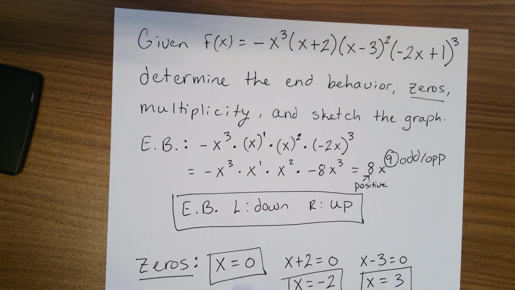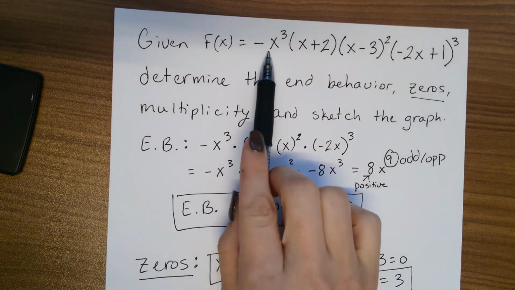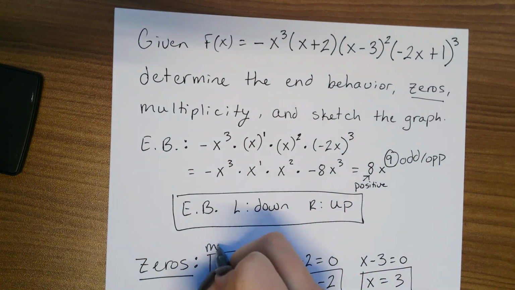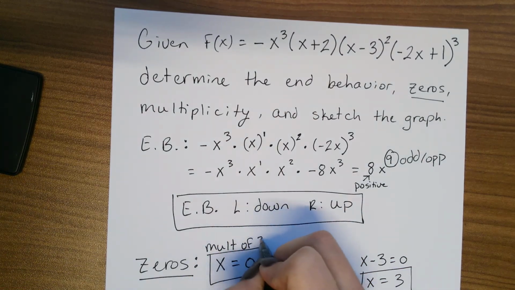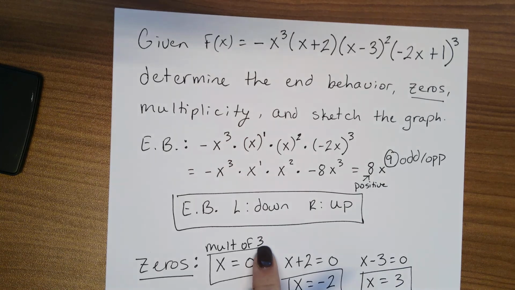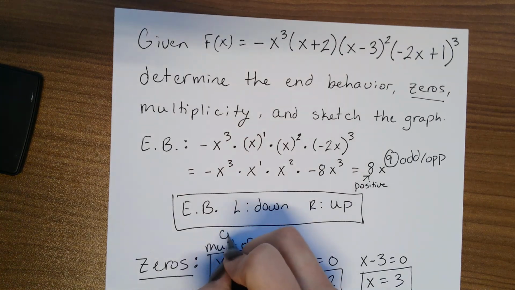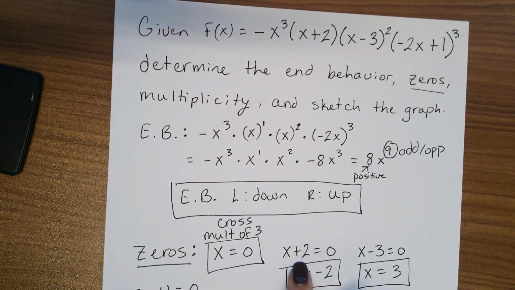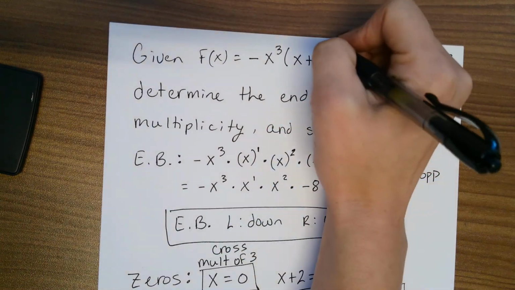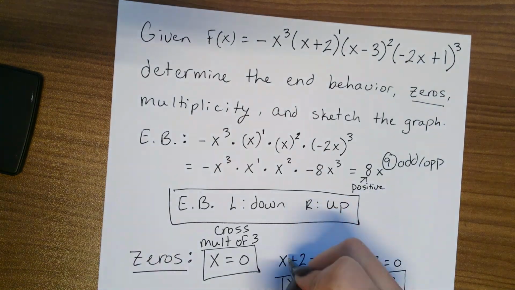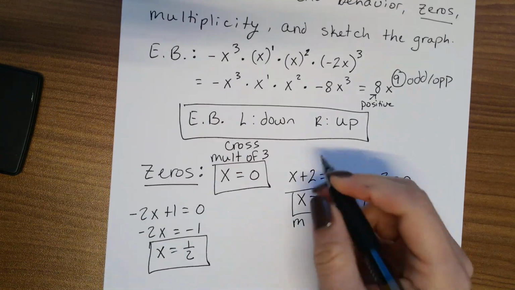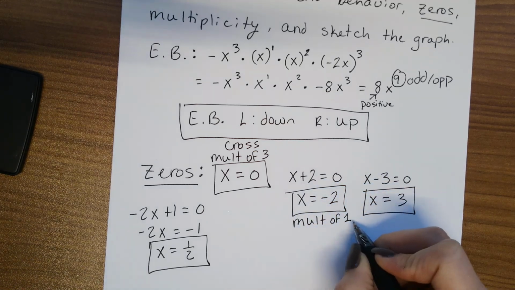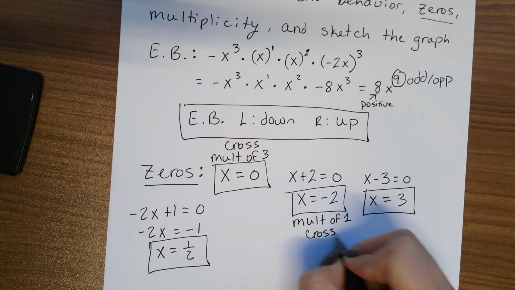So the multiplicity comes from the exponent of each of the factors. X equals 0 came from my first factor, which is x to the third power, so the multiplicity of x equals 0 is 3. 3 is an odd number, so I know that my graph will actually cross at x equals 0. X plus 2, its exponent is 1, so its multiplicity is 1, which again is odd, so I know this will cross.